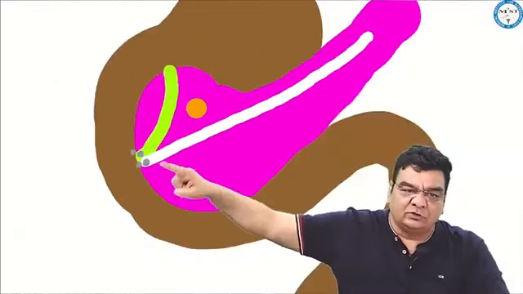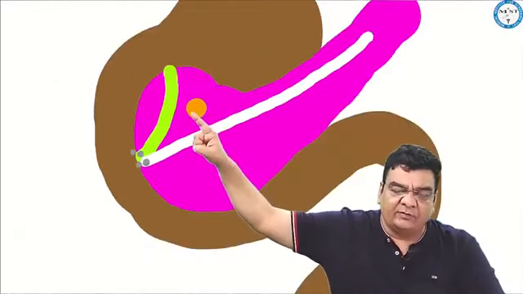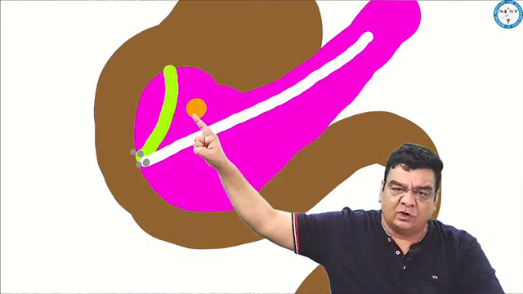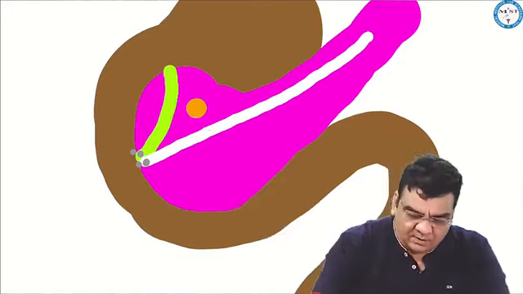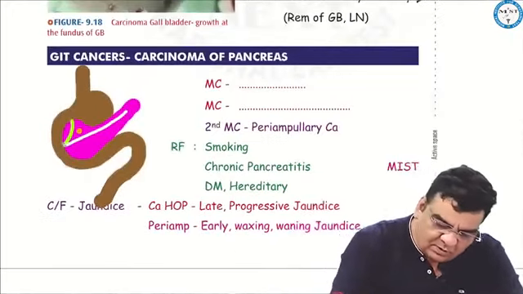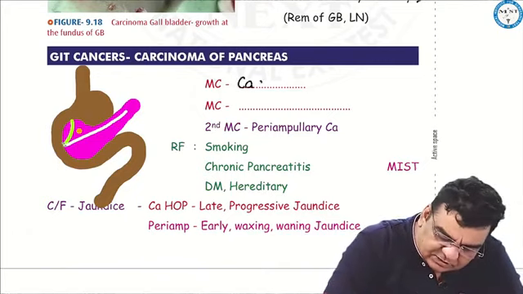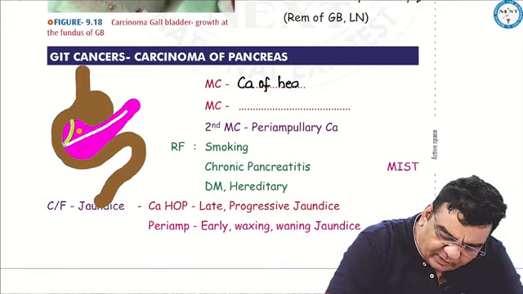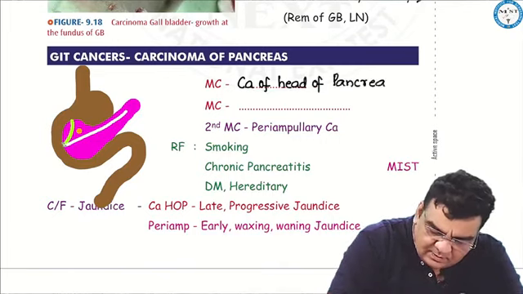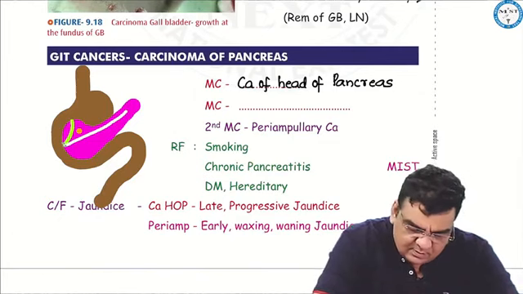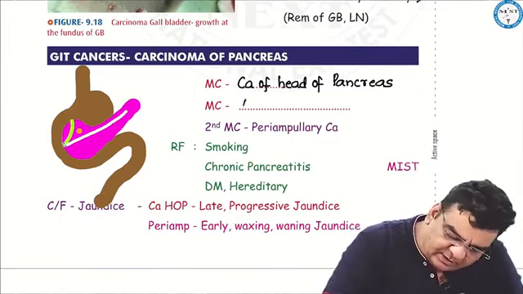Out of these two malignancies, head of pancreas malignancy is much more common. Most common malignancy of the pancreas is carcinoma of head of pancreas. Most commonly, both are adenocarcinoma.